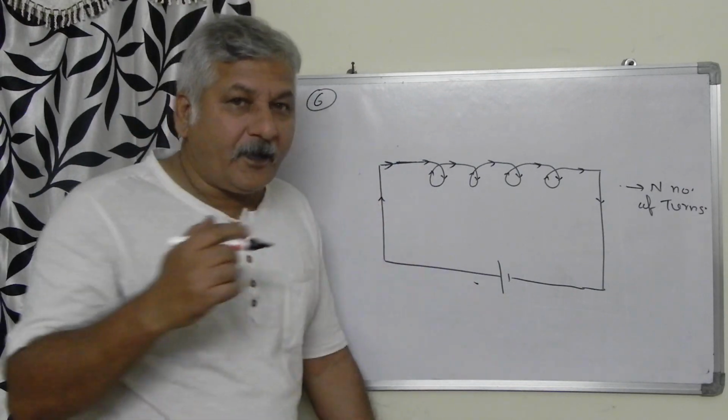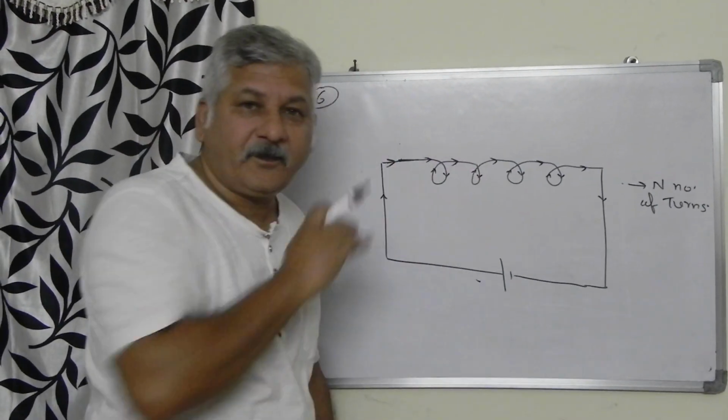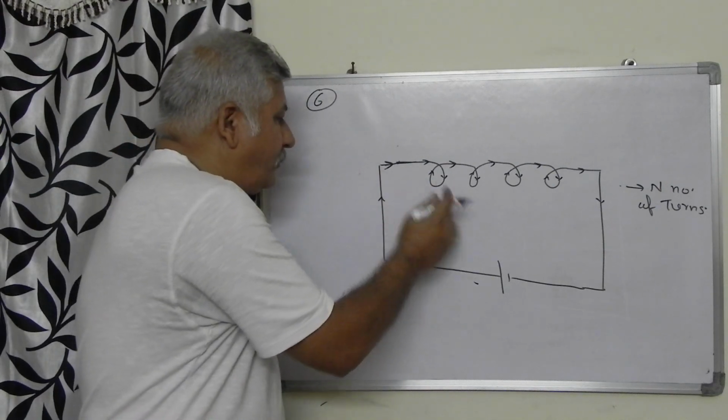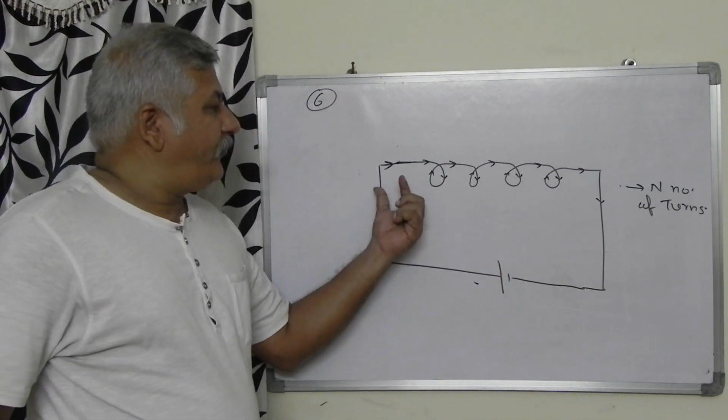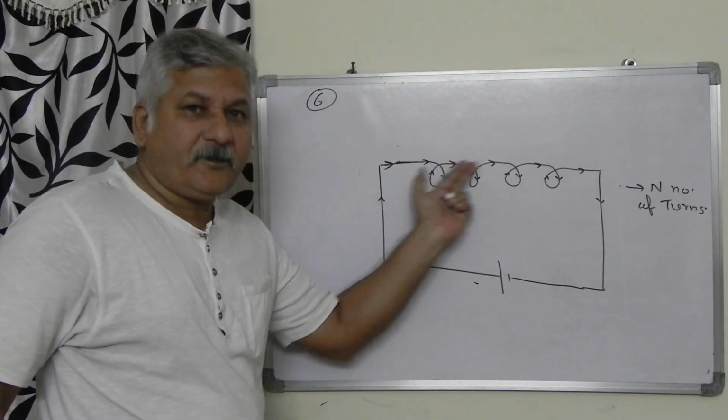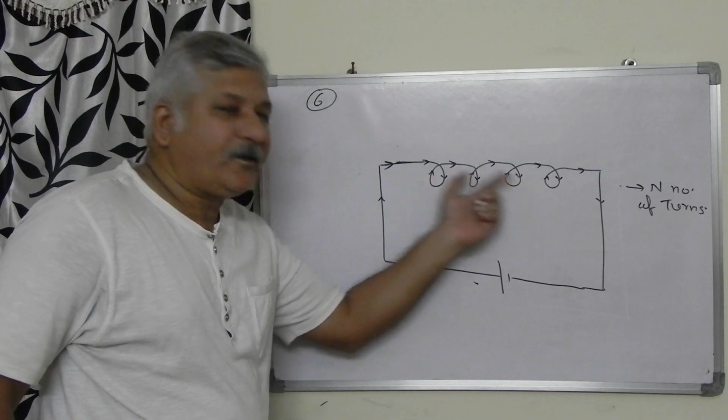from where the current enters the inductor will become the north pole. Since current is flowing through a conductor, this is basically a conductor which has turns, right?